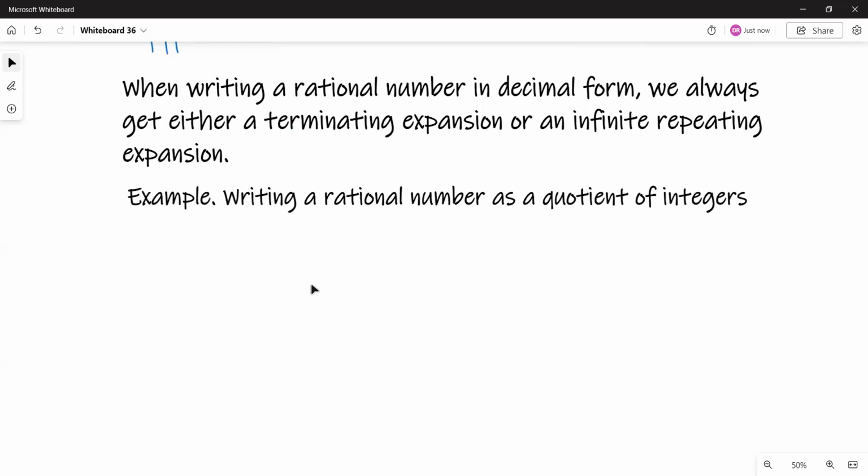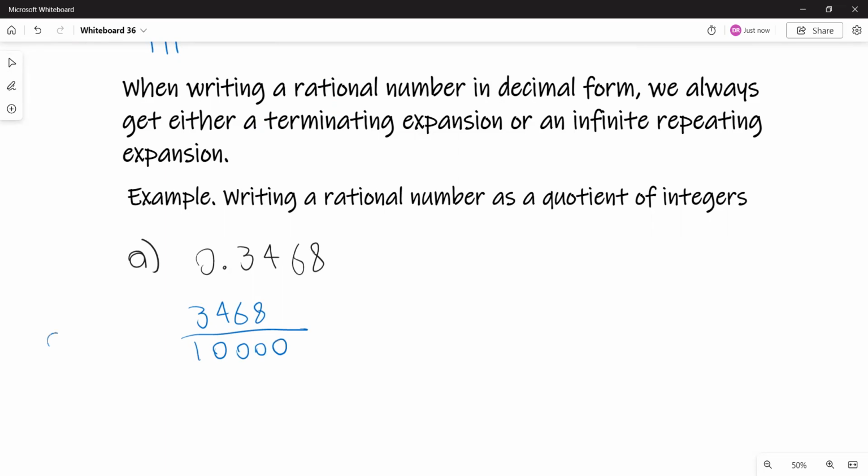So we're going to start with A. We have a rational number whose decimal expansion terminates. So all we need to do is write the decimal part divided by 1, and the number of zeros is going to be the number of places after the decimal point.